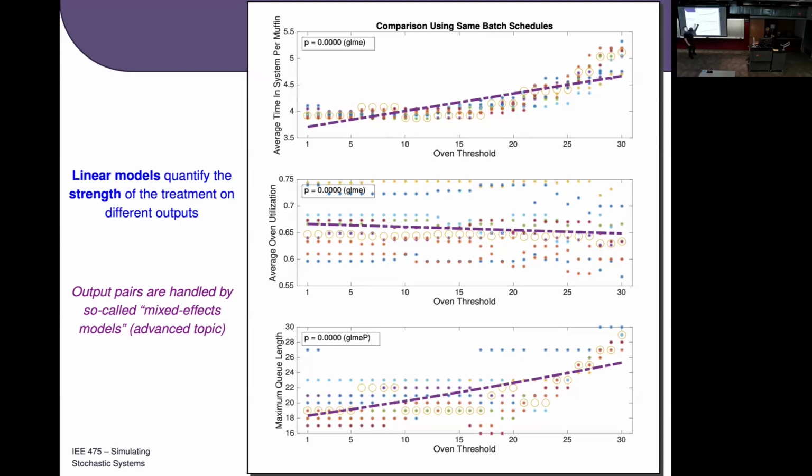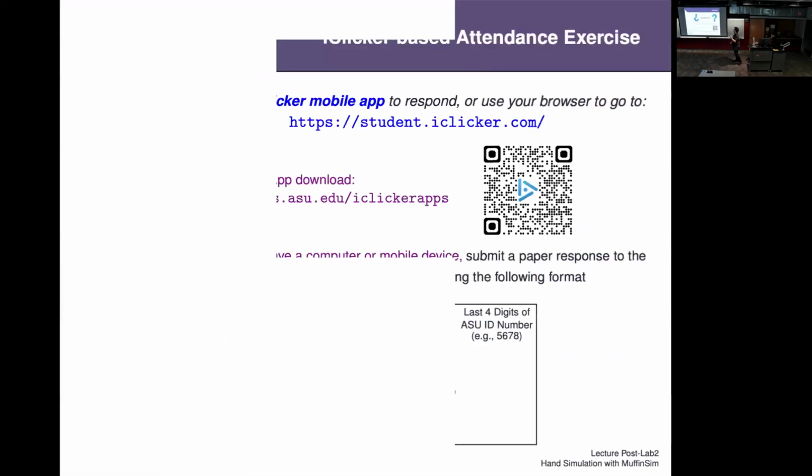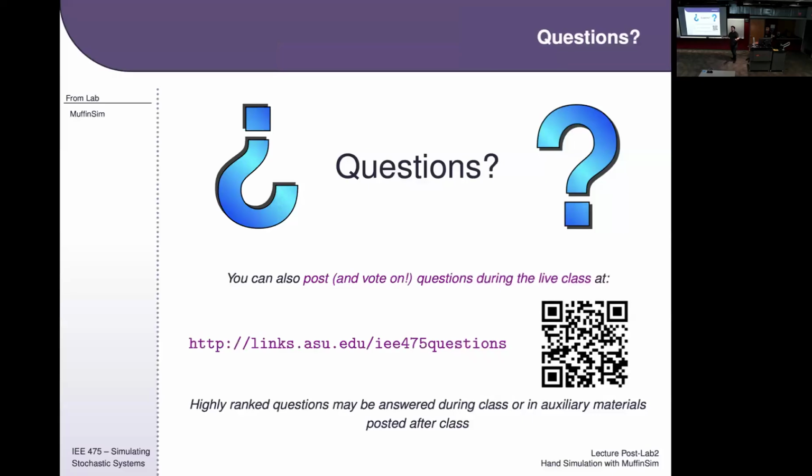And that would suggest that in certain regimes of service time, I have one recommendation on oven threshold, but in other regimes of service time, I have another recommendation. So that's why when you start doing this in the real world, you'll be using much more sophisticated statistical tools than we'll start out with here. But we have to start somewhere. And that's all I was kind of saying there. So any questions about that before I give you the one clicker question for today?